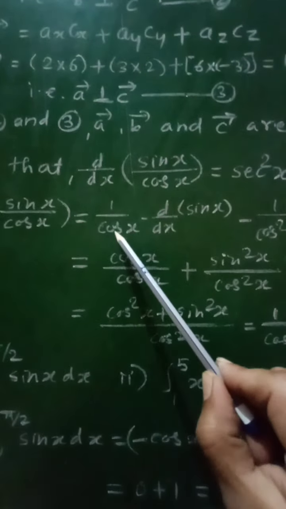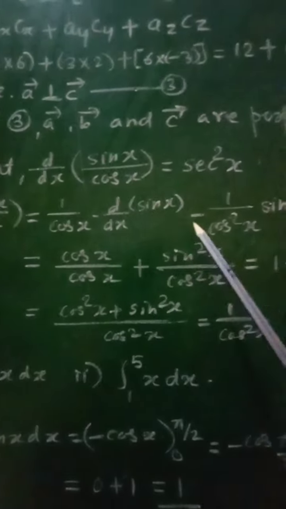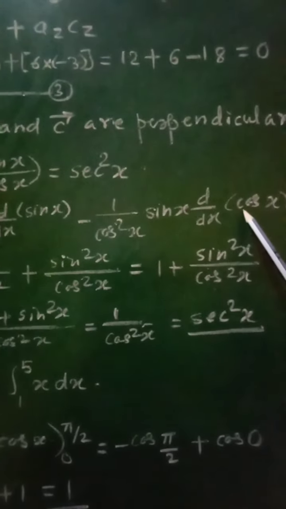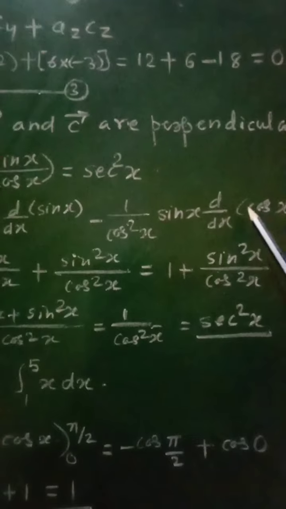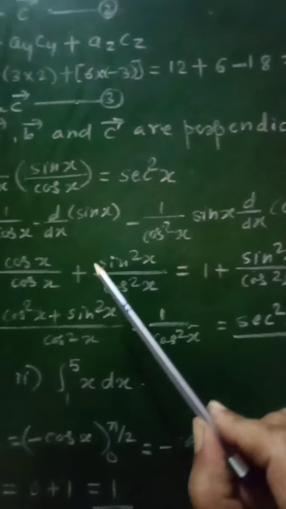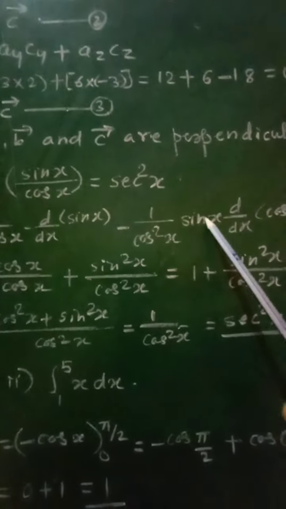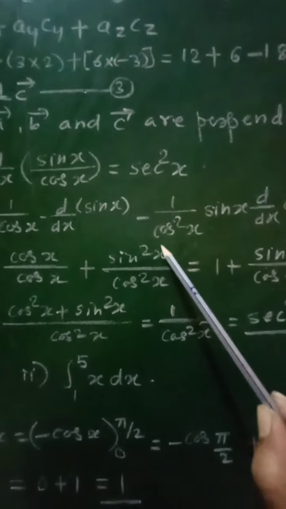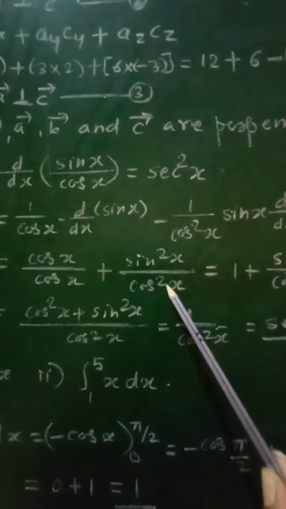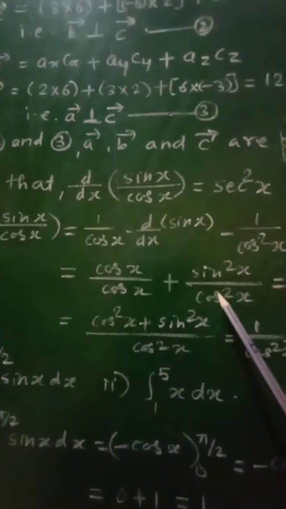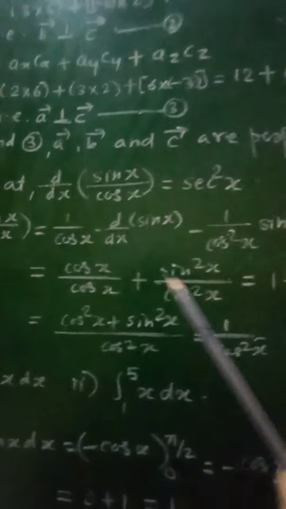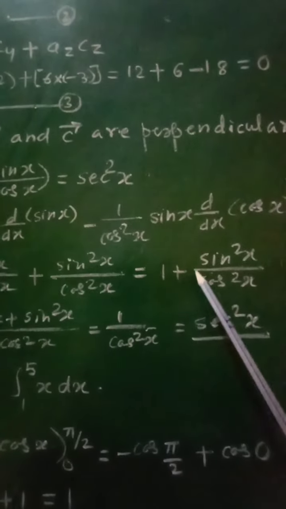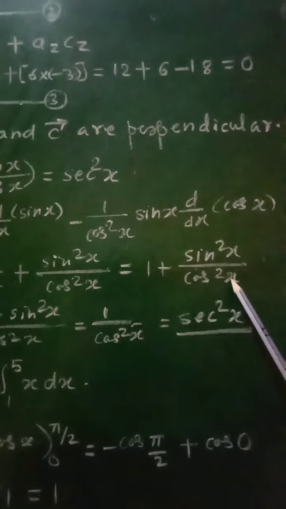So cos x upon cos x, plus, since the derivative of cos x is minus sin x, due to minus minus it becomes plus, and sin x into sin x is sin square x upon cos square x. Then cos x upon cos x is equal to 1, so 1 plus sin square x upon cos square x.